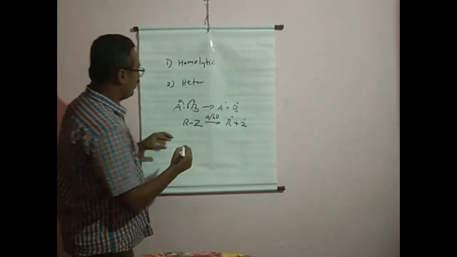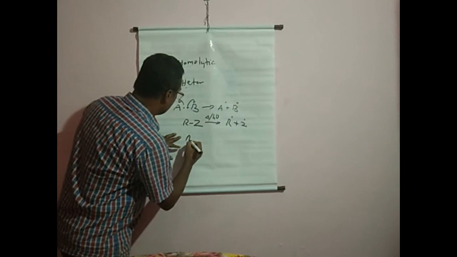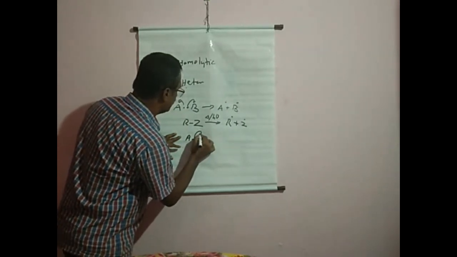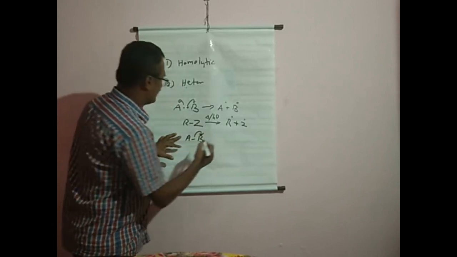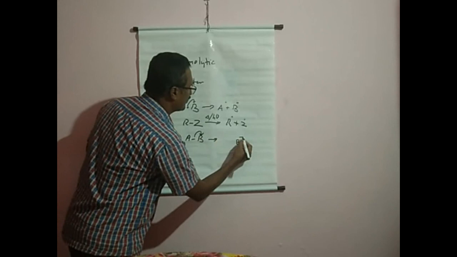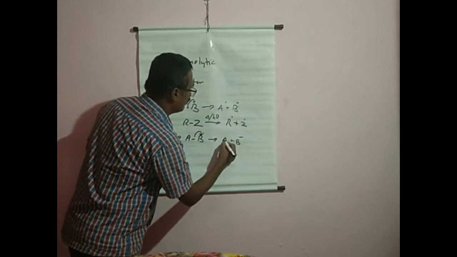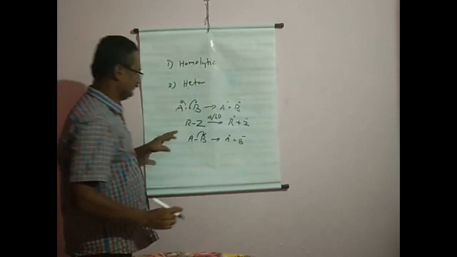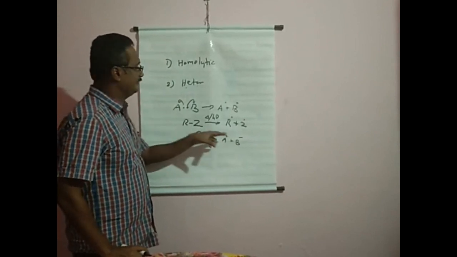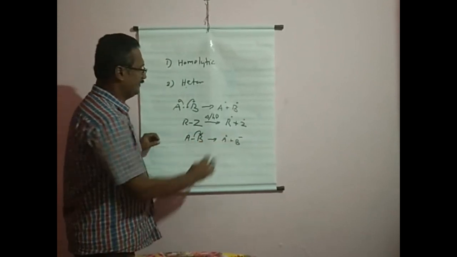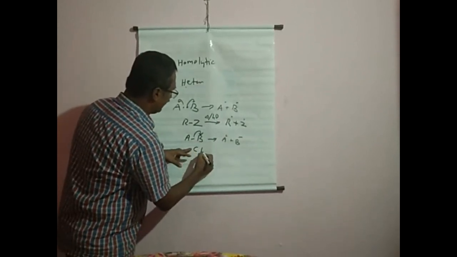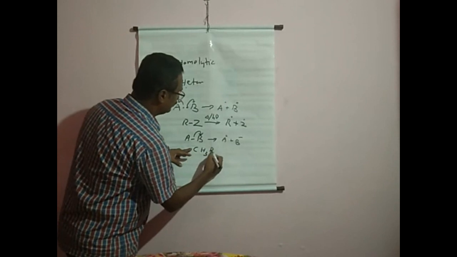In heterolytic bond cleavage, the more electronegative atom gets both the electrons. As a result, that electronegative atom has a negative charge and the other atom has a positive charge. In short, heterolytic bond cleavage leads to the formation of ions, a cation and an anion. As an example, consider methyl bromide.